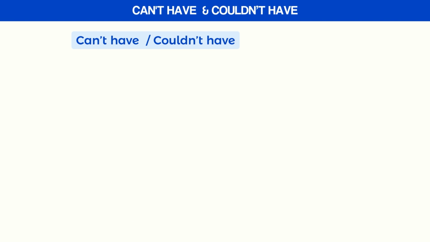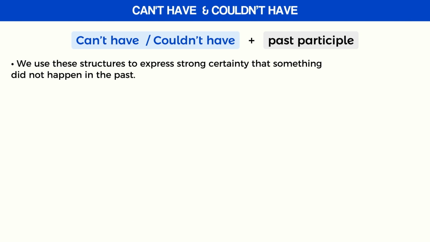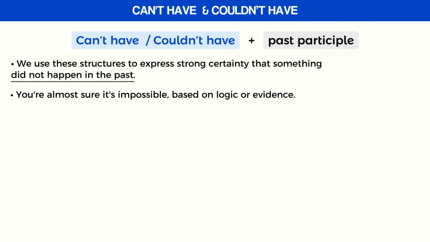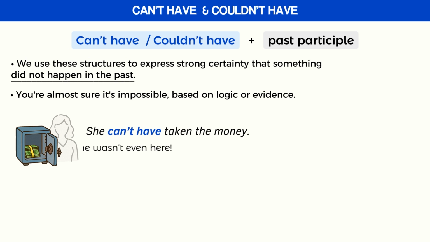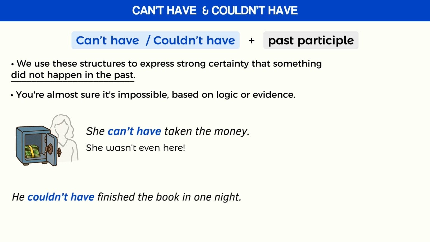Can't have or couldn't have plus past participle. We use this structure to express strong certainty that something did not happen in the past. You're almost sure it's impossible based on logic or evidence. Examples. She can't have taken the money. She wasn't even here. He couldn't have finished the book in one night.